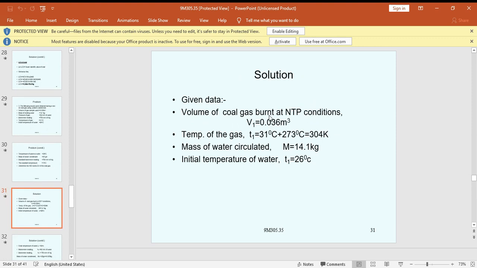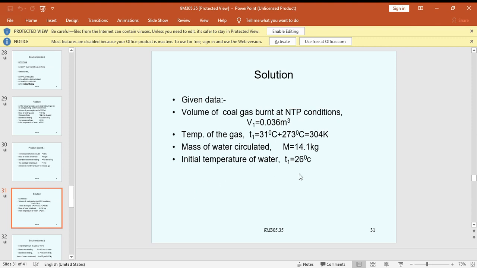So, volume of the gas at NTP condition: V1 equal to 0.036 is given. Temperature T1 is 31 degrees converted to Kelvin, 31 plus 273, 304 Kelvin. Mass of water circulated, capital M equal to 14.1 kg.